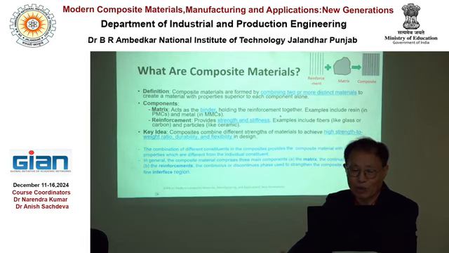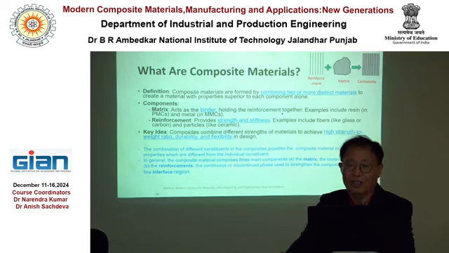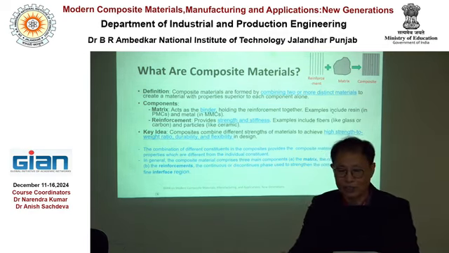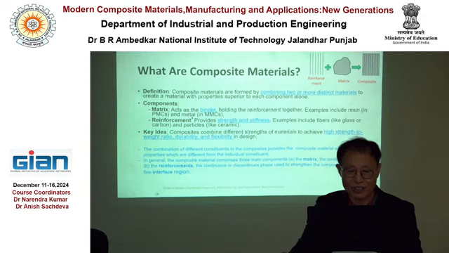Most of the load will be supported by the reinforcement only in this case. Examples include resin and metal as matrix: with resin it is a polymer matrix composite, and with metal it is a metal matrix composite. So the matrix can be any material.